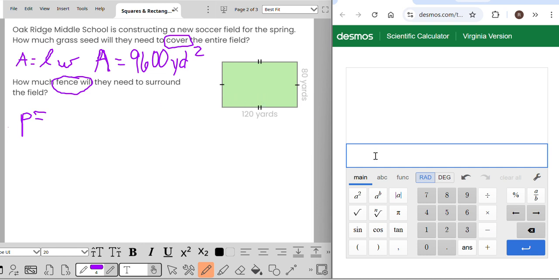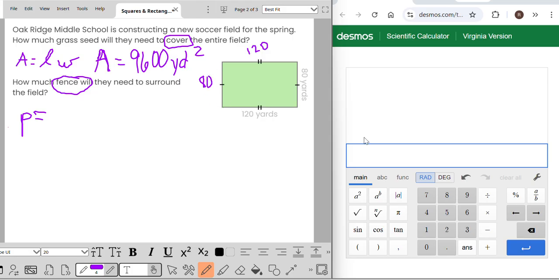So I'm going to come over here to my calculator, and I'm going to show you these. These two marks here and these two marks here match. They're called congruency marks. So if 2 marks is here and it's 120, that means 2 marks is here and this is also 120. Okay, and then let me look over here. If this is 80 yards with 1 mark, then over here with 1 mark is also 80 yards.